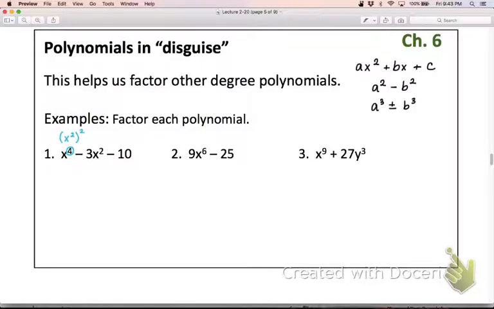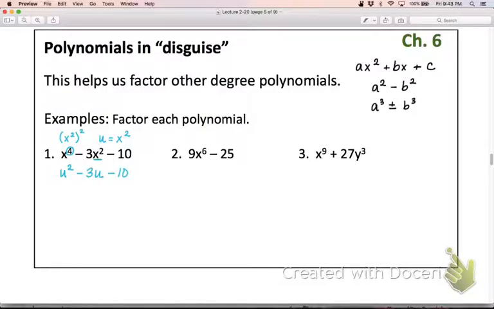So what I like to do in order to make this problem a little bit easier is replace that variable with something else. Let's say that I'm going to use u to stand for x squared. Since that's x squared squared, that means I can really write this as u squared minus, here's another x squared, so I can make that 3u, and then minus 10.